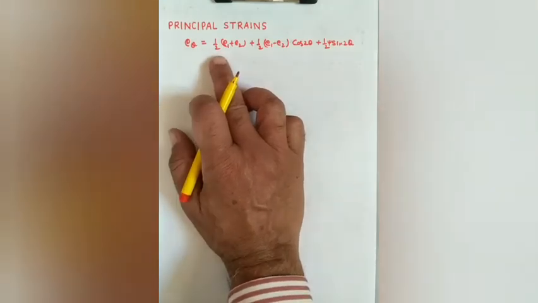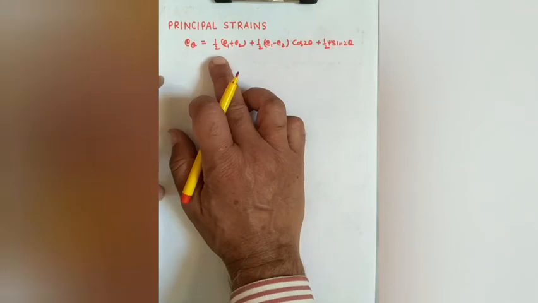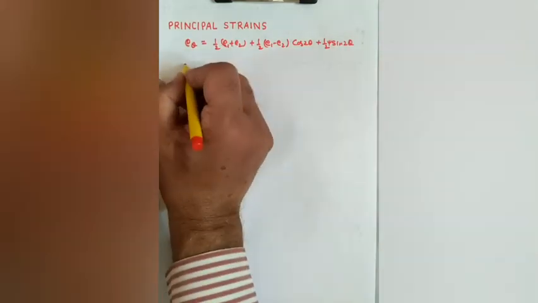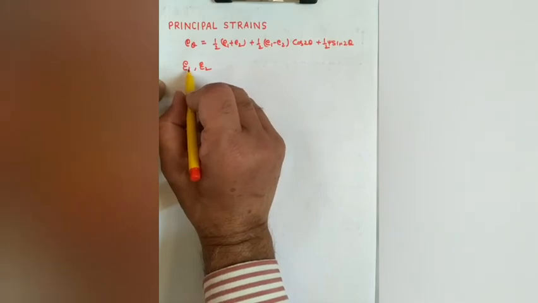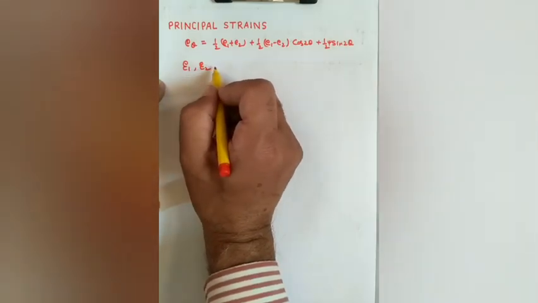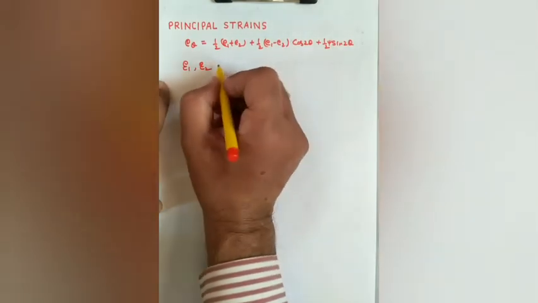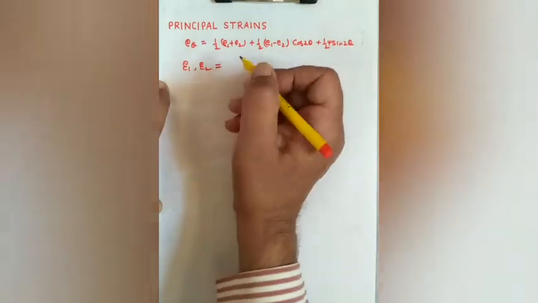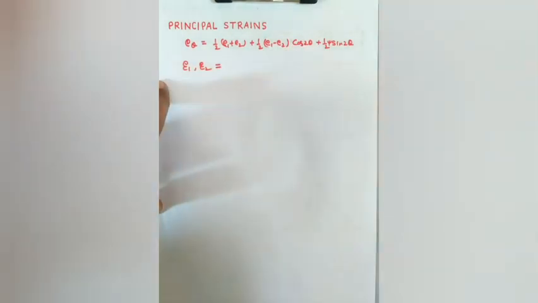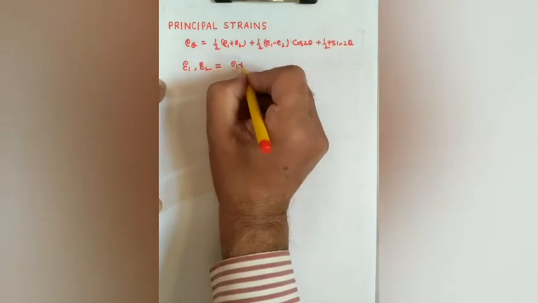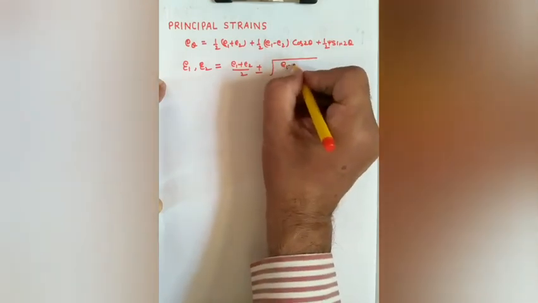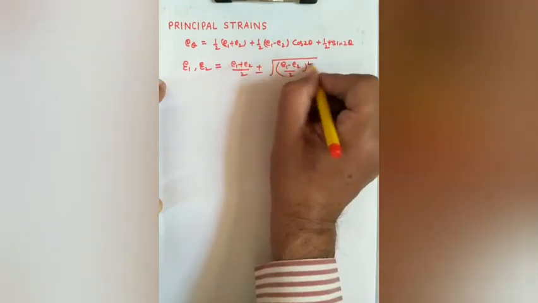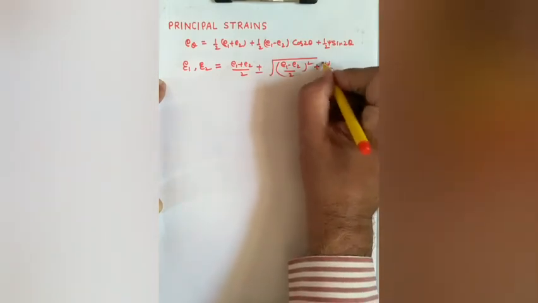And by differentiating these equations with respect to theta and putting the value to 0, we can find out epsilon 1 and epsilon 2, which are the maximum and minimum normal strains, or major and minor principal strains, such that epsilon 1 and epsilon 2 are equal to (E1 plus E2) by 2 plus minus root of ((E1 minus E2) by 2) whole square plus (psi by 2) whole square.